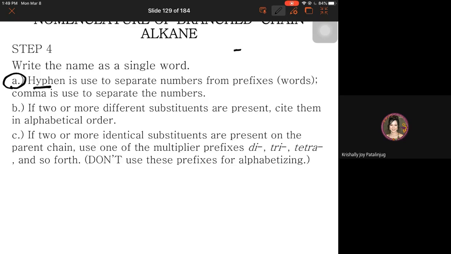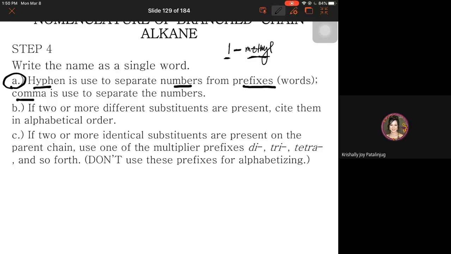The hyphen is used to separate numbers from words or from prefixes. In general, between numbers and words, what separates them is a hyphen. So say for example, 1, then the word methyl. A number, then a word, what separates them is a hyphen.